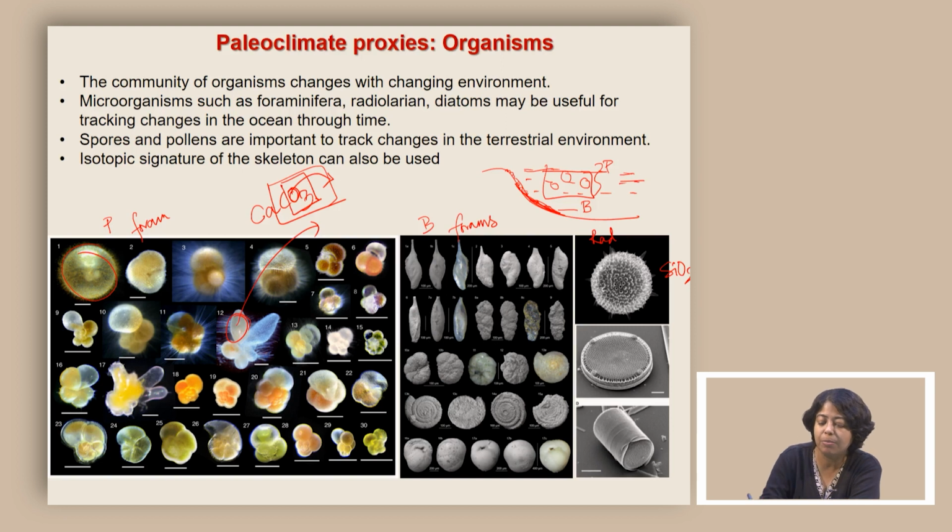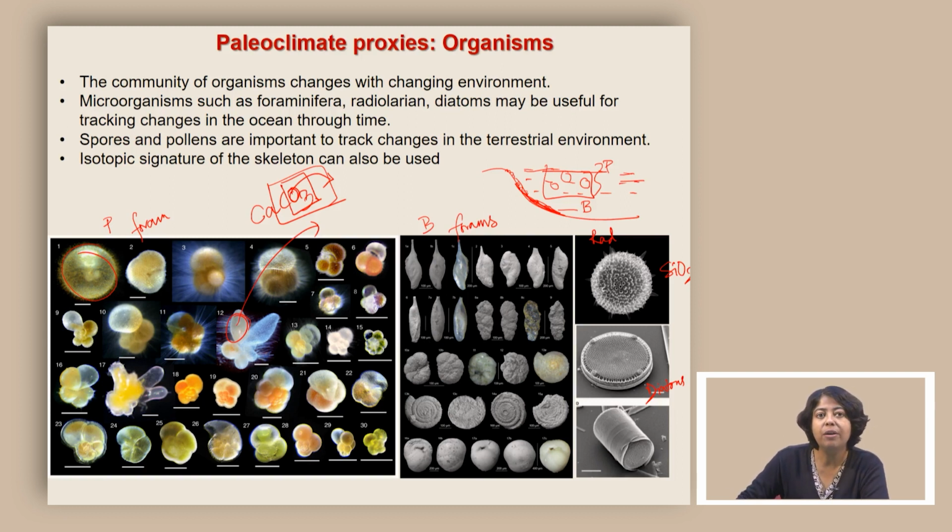Then we have some things which are called diatoms. Again, they live in different depths. So, combining foraminifera, radiolarians, and diatoms, you can actually reconstruct the history of the ocean as it changed over time, some of them reflecting climatic change, some of them reflecting changes in the circulation. All of these can be reconstructed back using these microfossils.